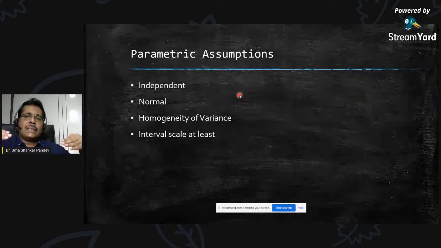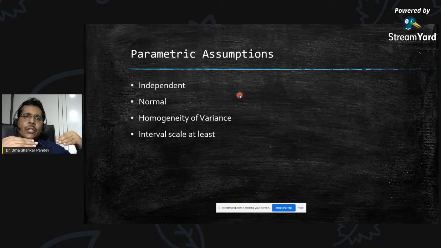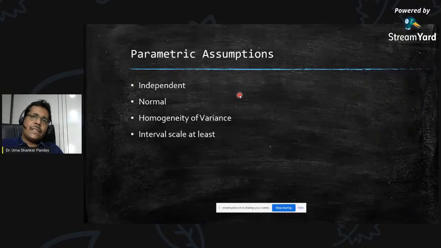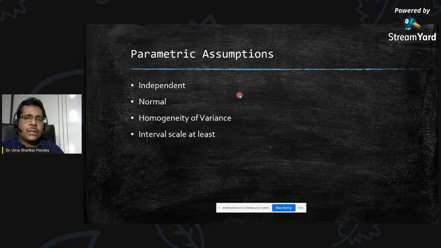I'm sure we understand the various scales. We know about the nominal or the categorical scales, where we are just talking of categories. Then we have the ordinal scales, where we are talking of ranks. And then we have the interval or the ratio scales. So here we are talking about the interval or ratio scales at least.